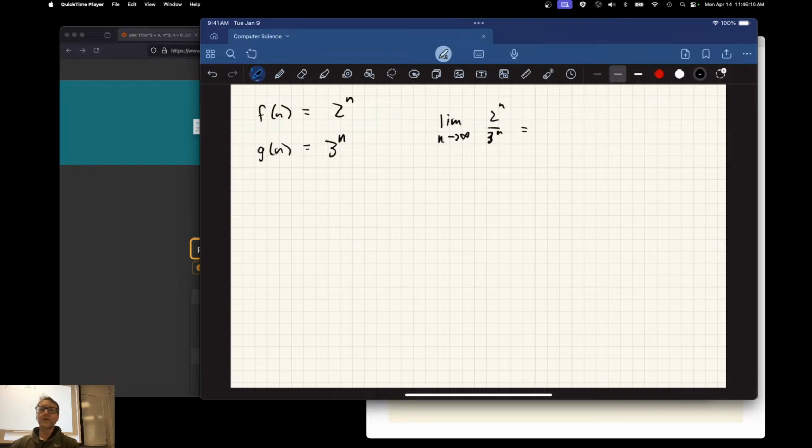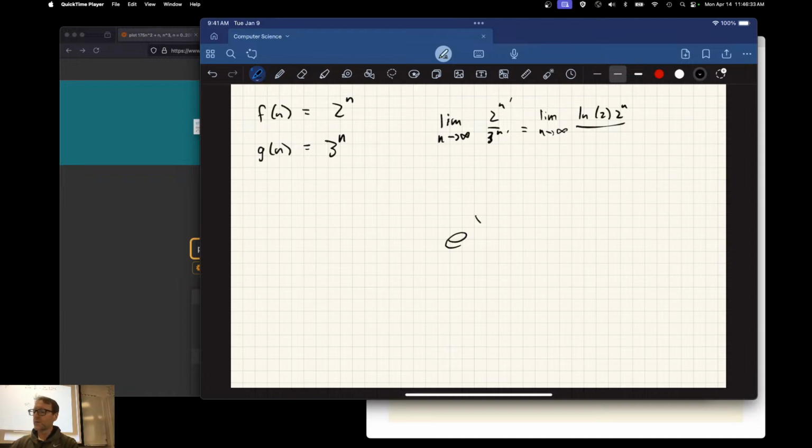What is your initial reaction to doing something? What tool are you going to use? All right, L'Hopital's law. Do you know what the first derivative of 2 to the n is? It's natural log of 2 times 2 to the n. Why?